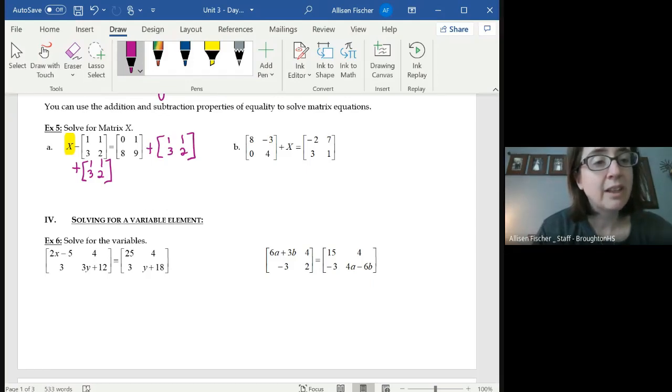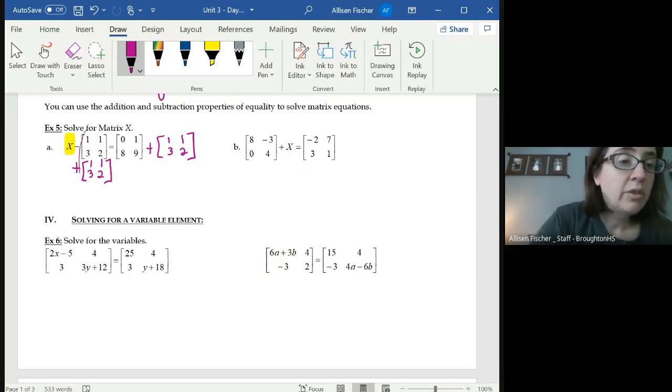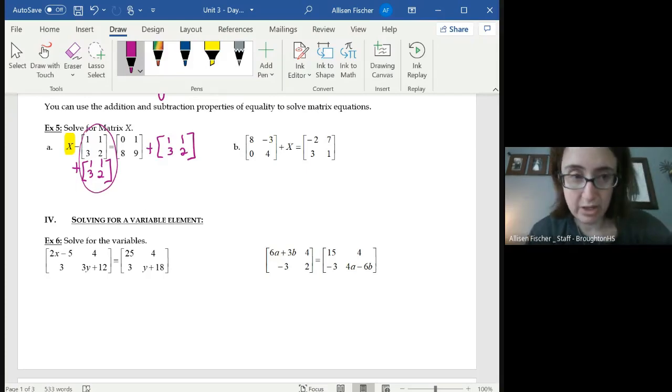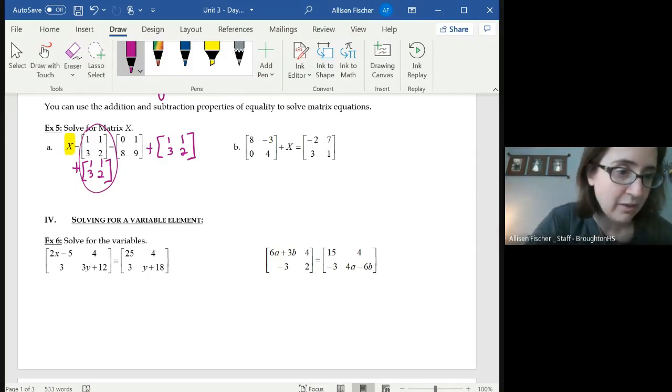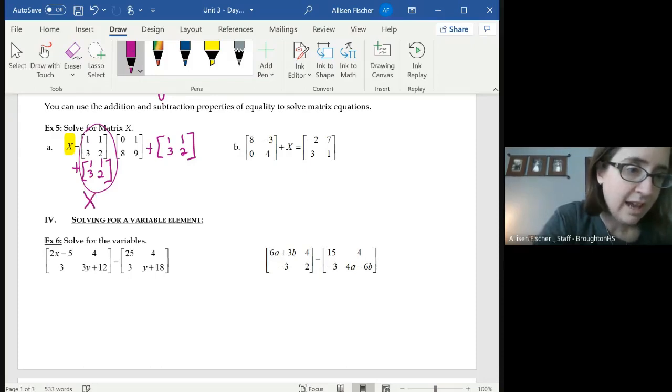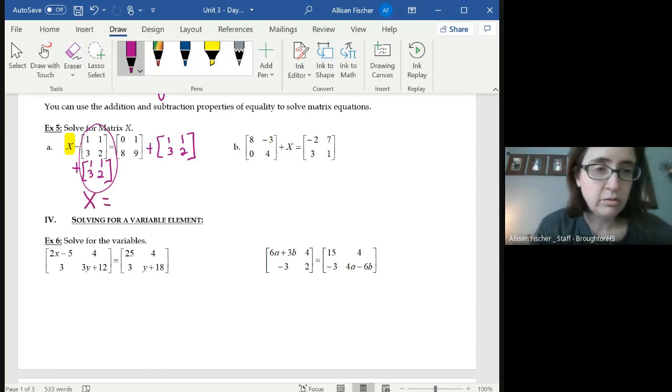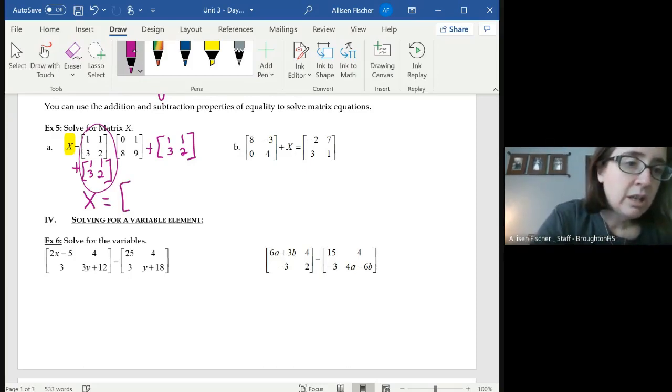And what happens on the left is this whole thing becomes a zero matrix. So all you have left is matrix X will equal whatever you get on the right once you combine those two matrices together. So you get 1, 2, 11, 11.